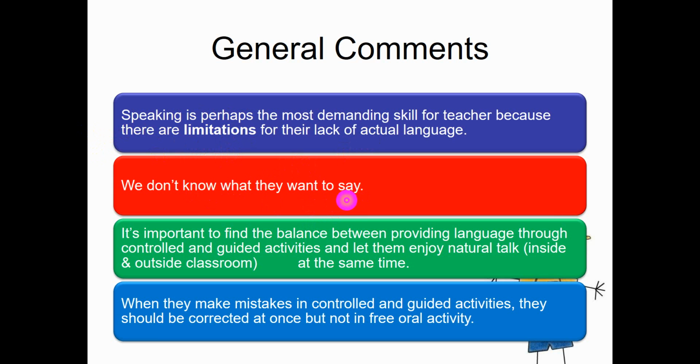At the same time, we have to find the balance between providing the language and letting them enjoy the natural talk. Once again, providing the language and letting them enjoy the natural talk.